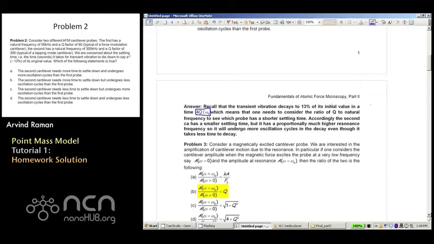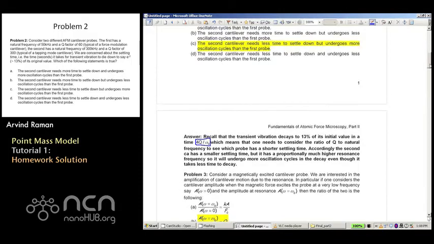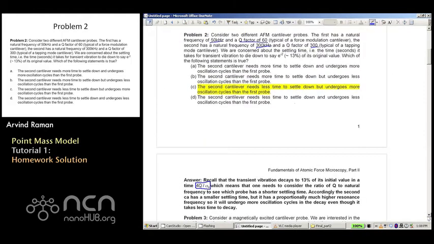All right, so when you compare the Q over omegas, or Q over natural frequencies of the two cantilevers, for cantilever 1 you have a Q factor of 60 divided by 50 kilohertz. For cantilever 2, you have a Q factor of 300 divided by a natural frequency of 300, right?